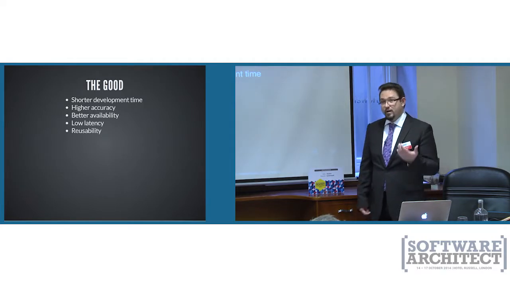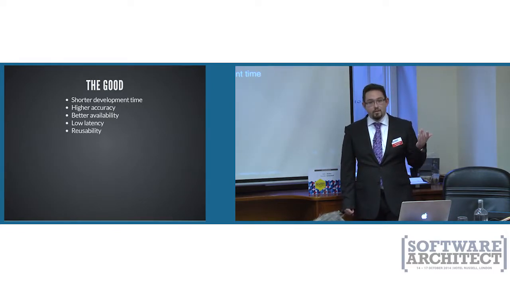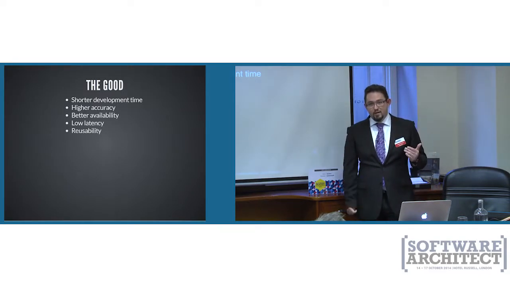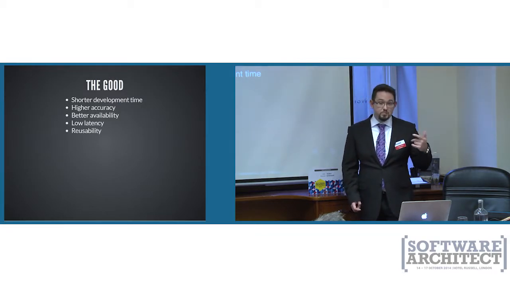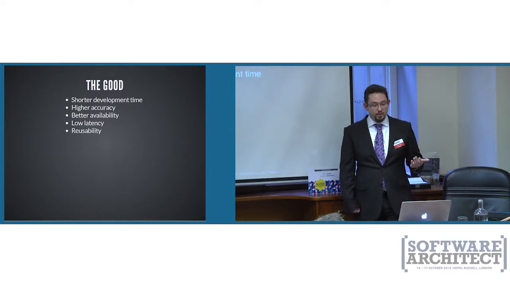So the good parts: shorter development time, because it's easy to look through the individual parts. Higher accuracy. If you work in an agile project or in a startup where you have a very limited budget, then it's key to get or exploit feedback on your idea.